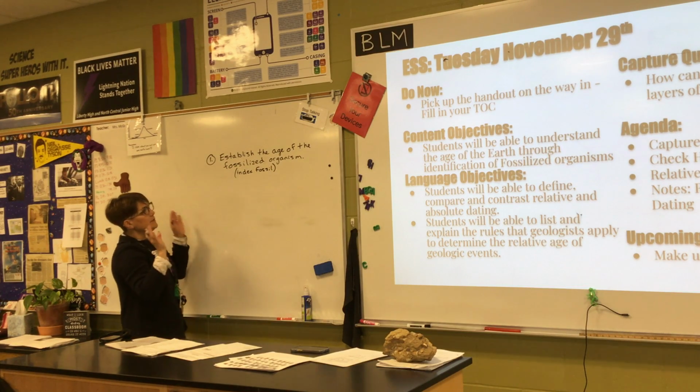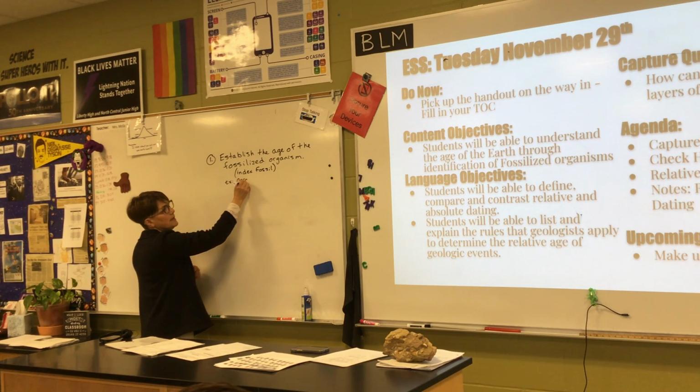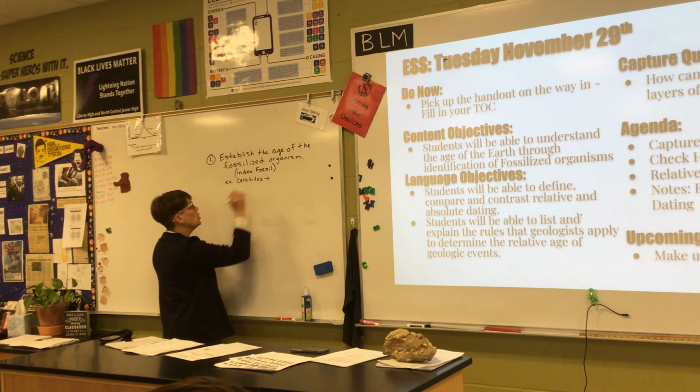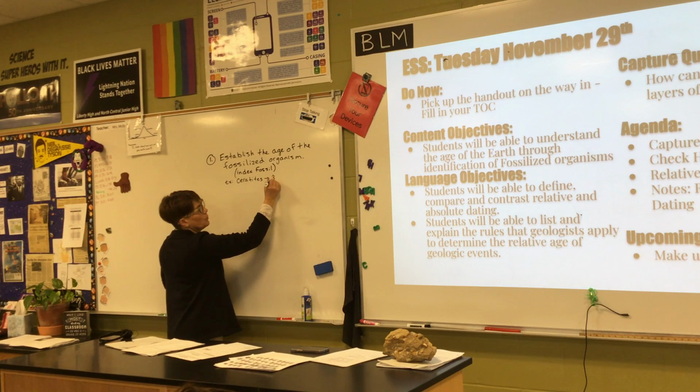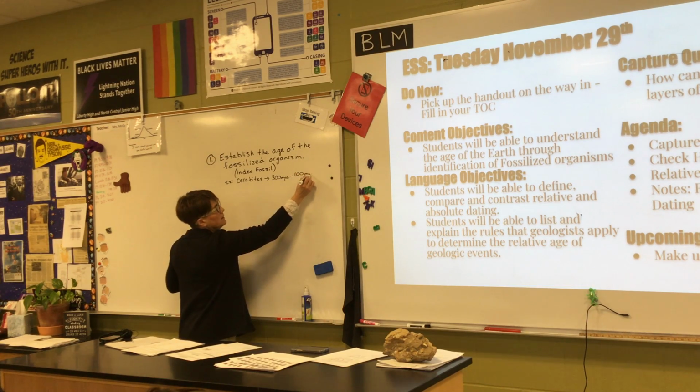All right, I'm going to give us an example of an index fossil. And let's imagine that we are going to use ceratites. We used ceratites yesterday in our lab. Ceratites are, or were on the planet from 300 million years ago to 100 million years ago.